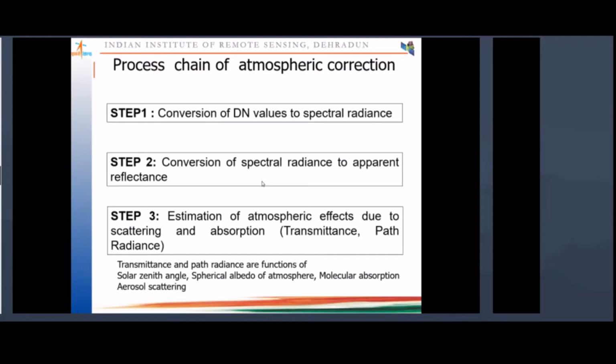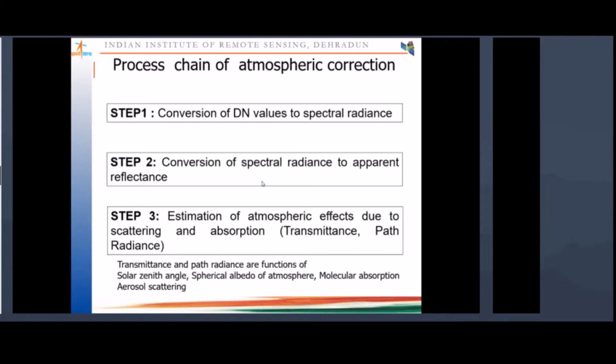So, in optical remote sensing, we are dealing with the reflective kind of remote sensing. So, part of it will be reflected, part of it will be transmitted, and part of it will be absorbed. It is the reflected component of energy which is coming from the target to the sensor that we are interested in.